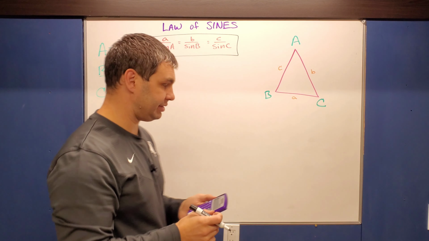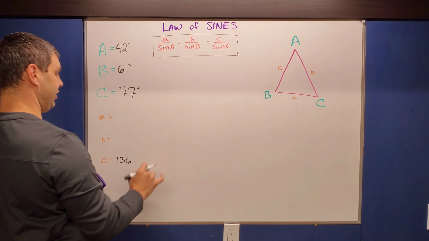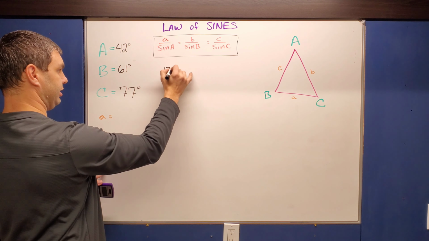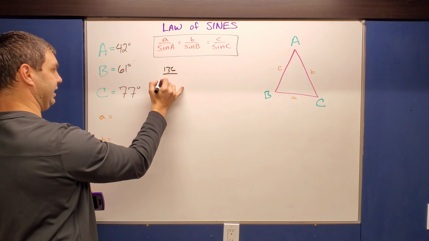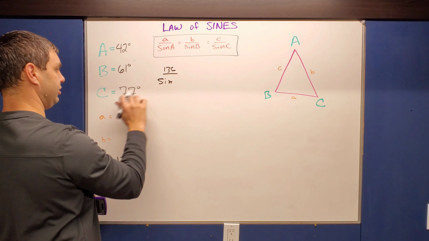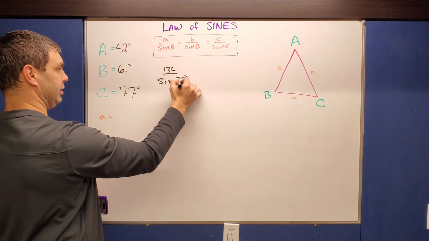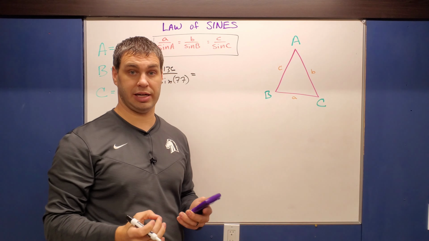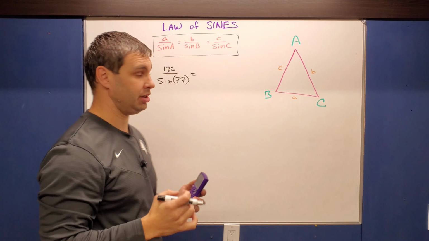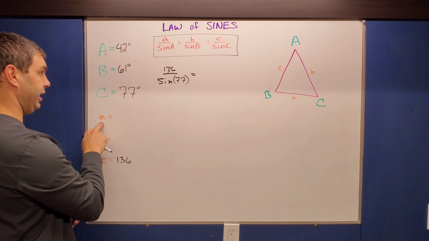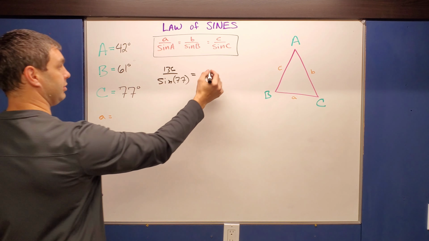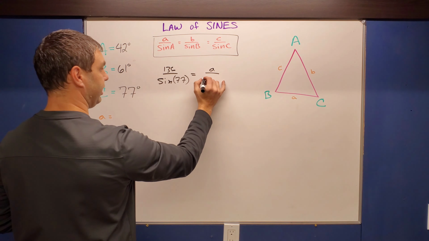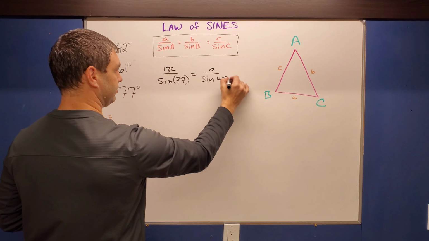Now with that 77, now I can create kind of a proportion. I'm going to use my little c, which in this case is 136, over sine of big C, which is 77. Right? Then I can set that equal to one of the other letters that I'm missing, but also have maybe just one piece of that information. For example, here I'm missing little a, but I have big A. So I'm going to put little a over sine of 42, since that's big A. Right?